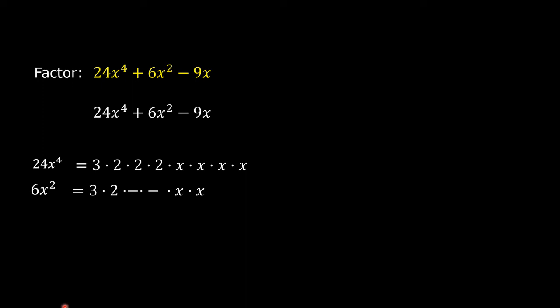Then go to the third term, 9x. 9 is 3 times 3. Write 3 below 3, and then write 3 after this column because there is no 3 in the second row. There is no 3 in the first row.